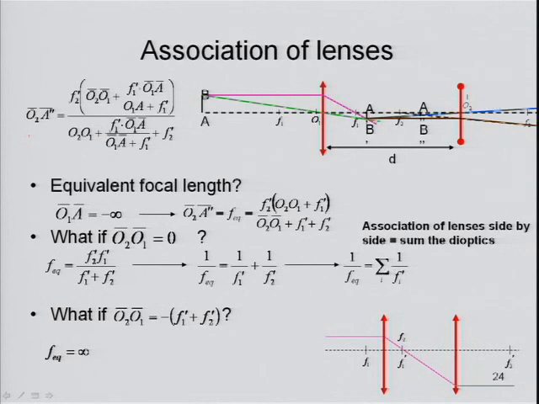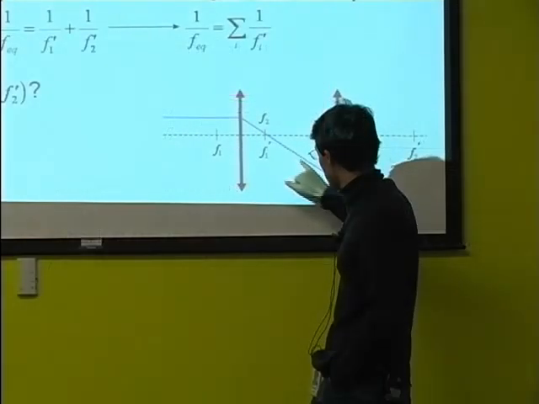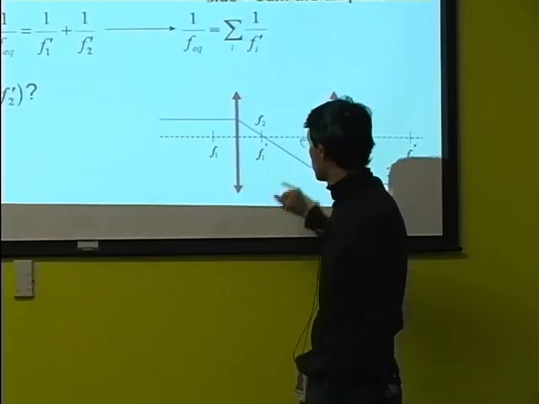In this configuration, what's happening is the image focal point of your first lens, f1', is precisely located at the object focal point of your second convex lens. So if I draw the first ray, a ray parallel to the optical axis, it goes through the image focal point f1'.